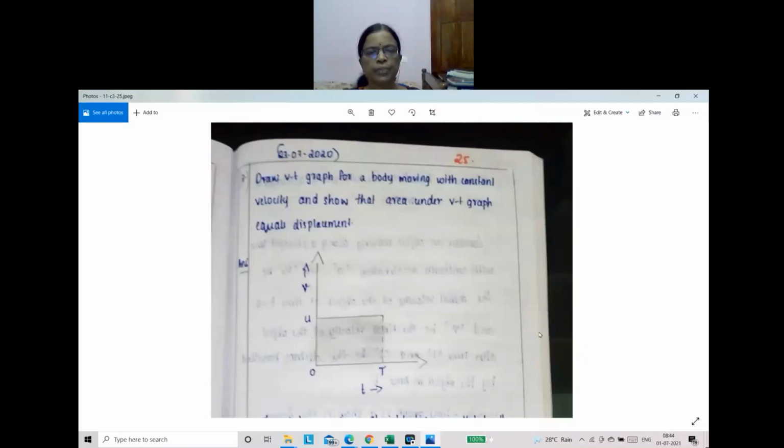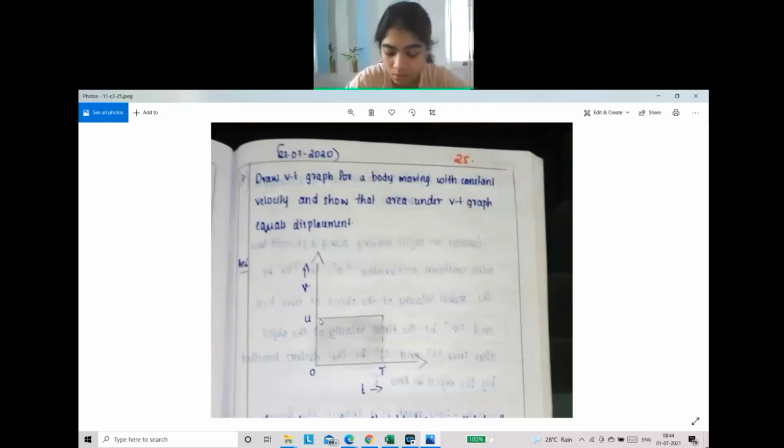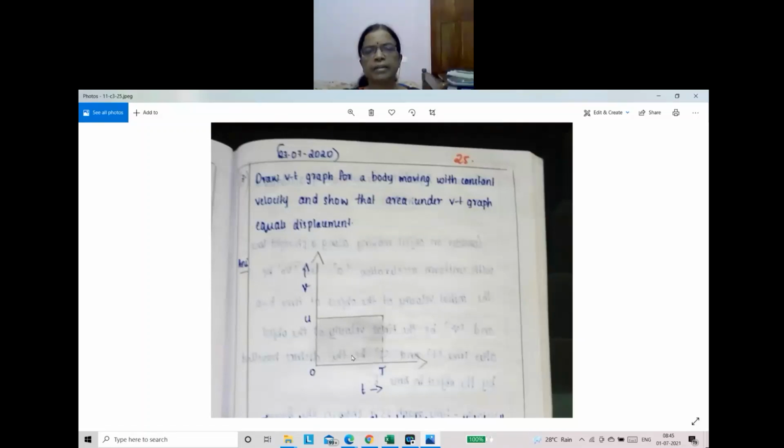What type of motion does it show? Uniform velocity. Time is passing, but velocity is not changing. Velocity is constant. For example, u can be 50 meter per second. 50 at 1 hour, 50 at 2 hour, 50 at 3 hour, not changing. Velocity is not changing. That means uniform velocity.